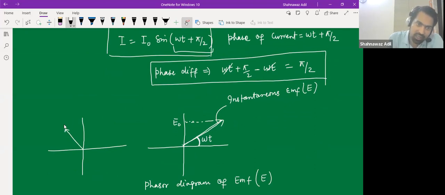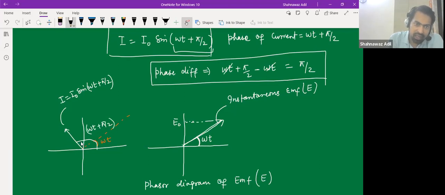So this is I, which is I naught sine omega t plus pi by 2, because this whole angle is omega t plus pi by 2.